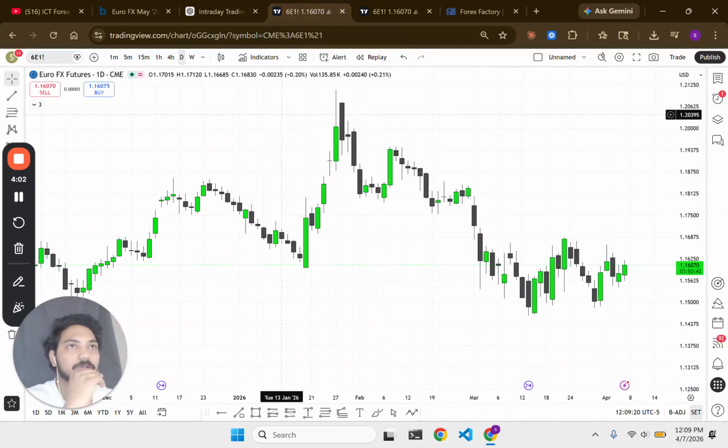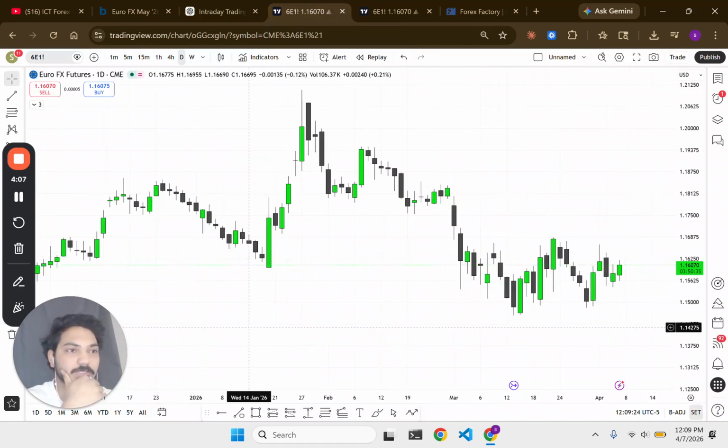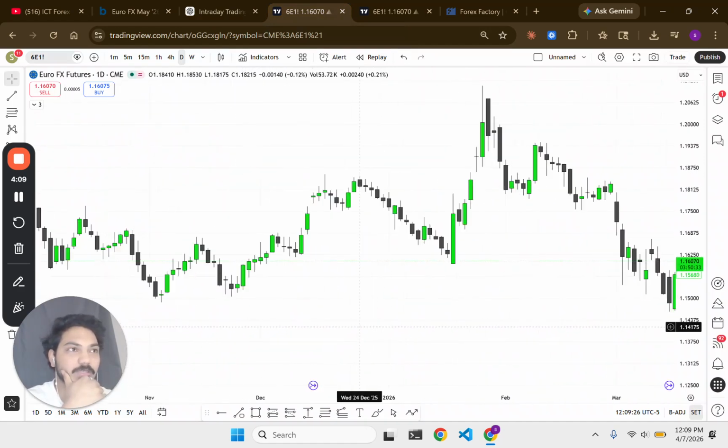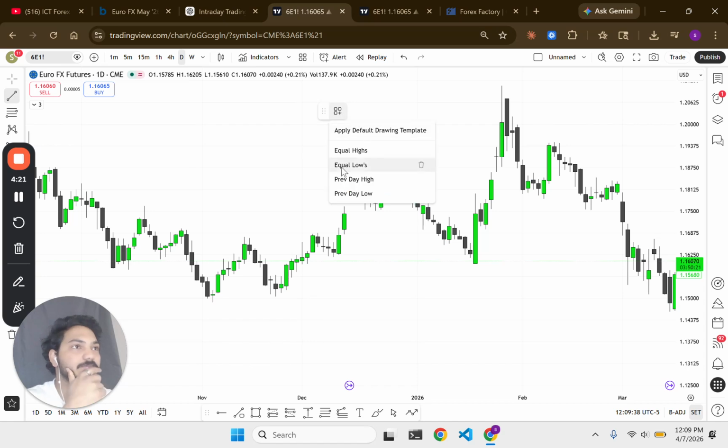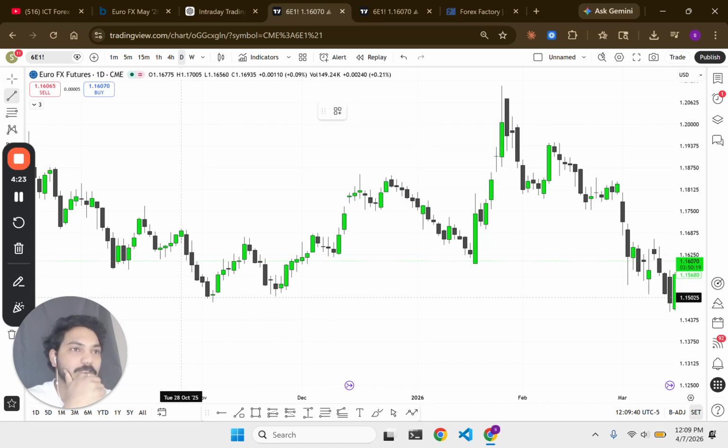So here is my higher time frame, which is daily. Let's find where January 2nd is. First things first, here are the equal lows. Let me mark it.